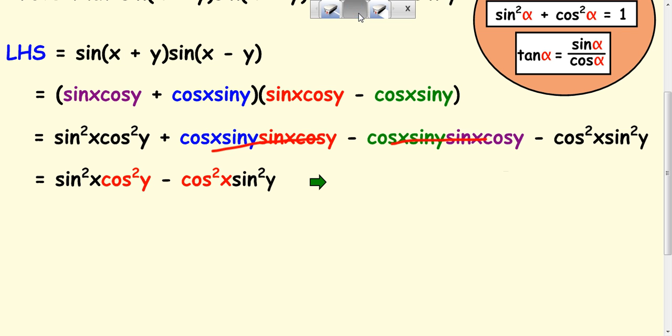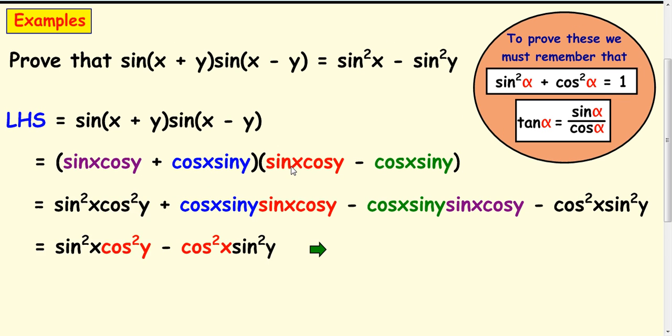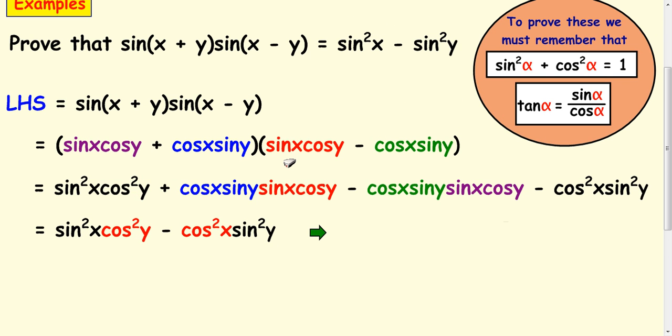Now, at this point, what I would do is have a wee look back to see what we're trying to end up with. Now, we really just want sine squared x take away sine squared y. So we want the black bits here. We don't really want the red bits. So I thought, well, I don't really want a cos squared y there. I need something to substitute in its place.